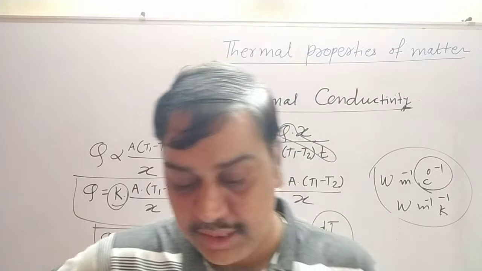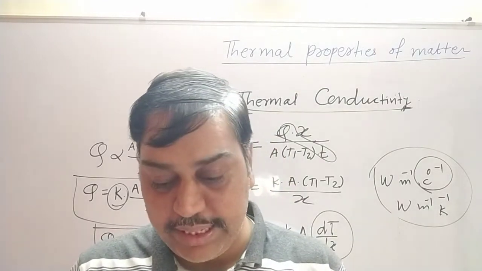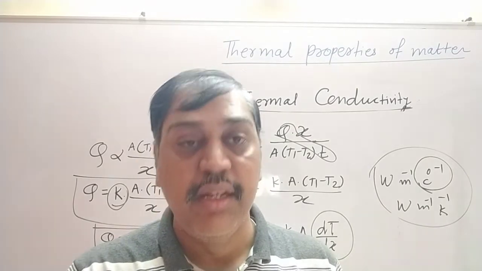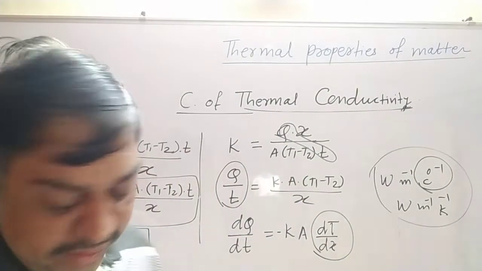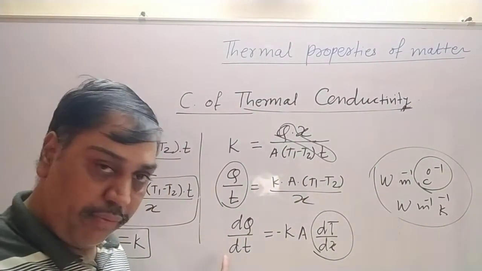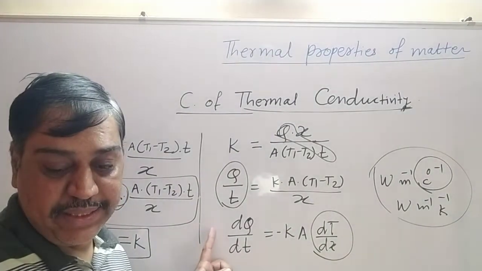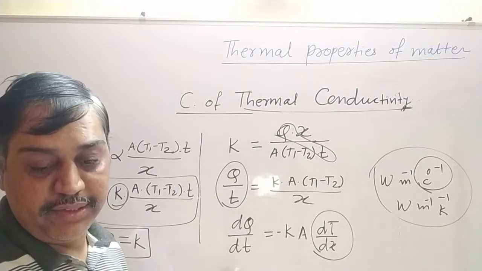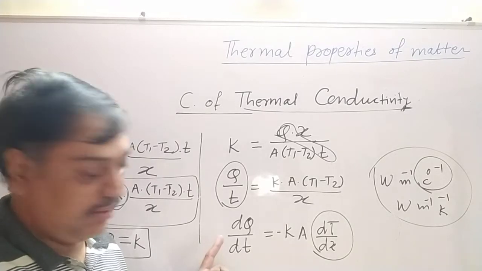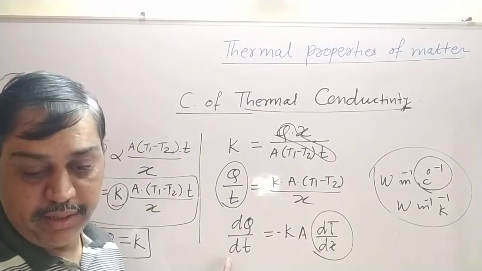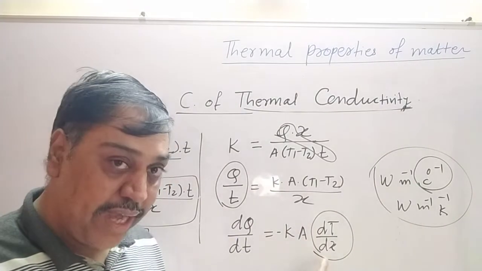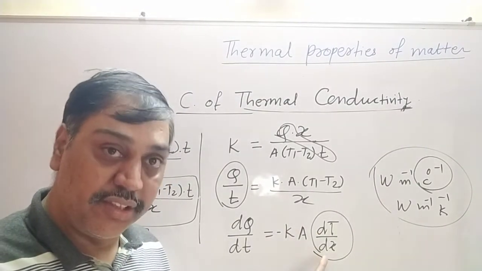I will read it once. Coefficient of thermal conductivity of a material may also be defined as the rate of flow of heat. Rate of flow of heat per unit time is dq by dt. Per unit temperature gradient means change in temperature per unit distance.